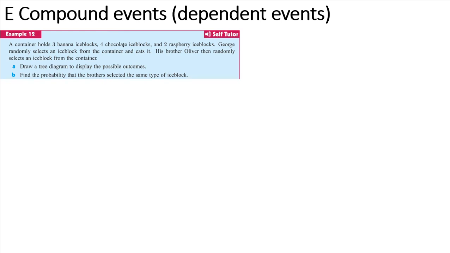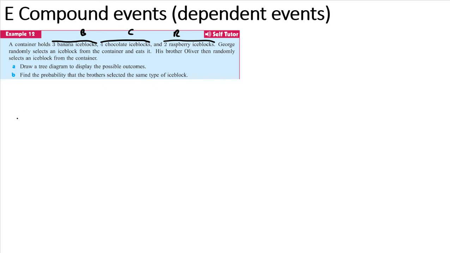Let's say that we use the capital letter B for the banana ice blocks, the capital letter C for the chocolate ice blocks, and the capital letter R for the raspberry ice blocks. First George randomly selects an ice block.